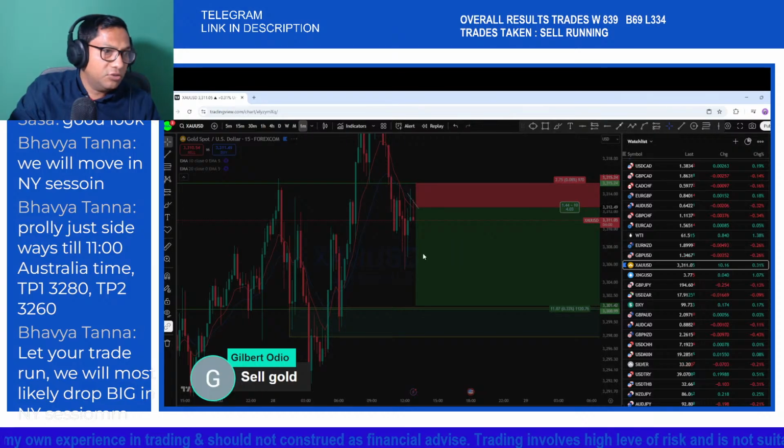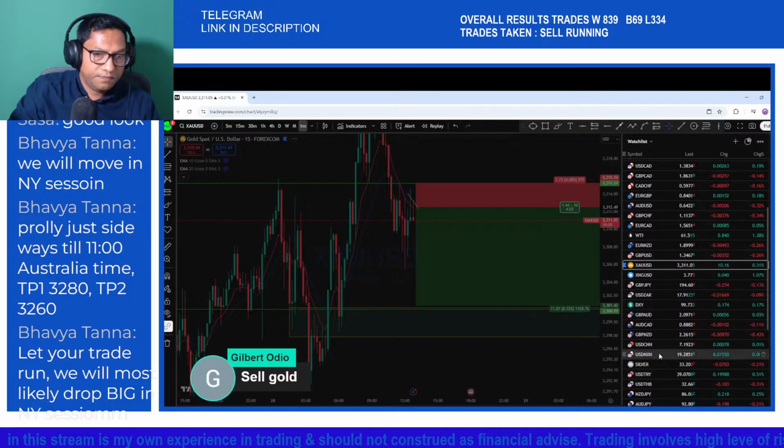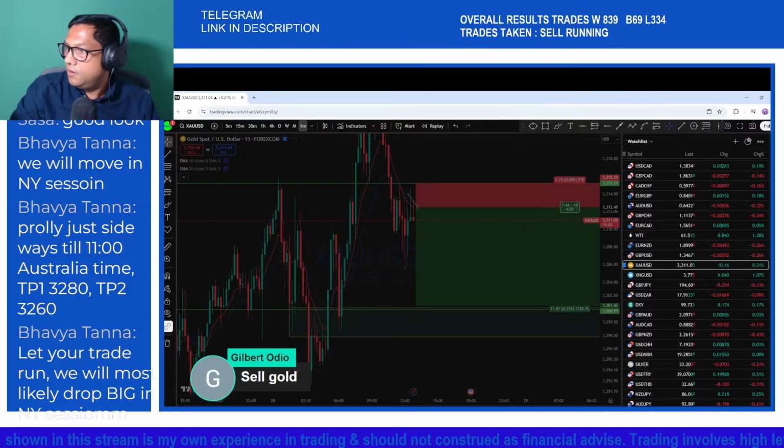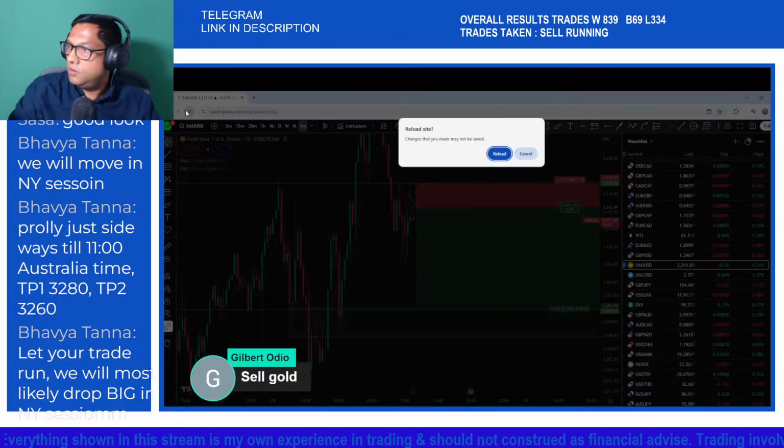I've just entered into the profit area of this trade. Come on, it's trying to again reject back, and what happened? The chart got completely.